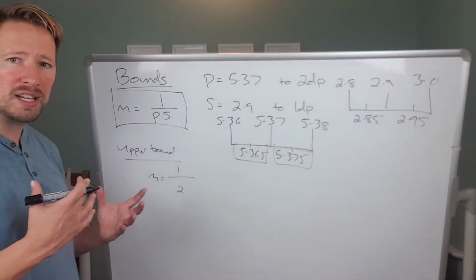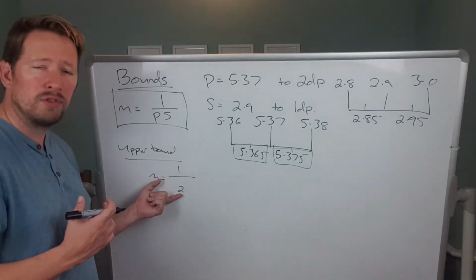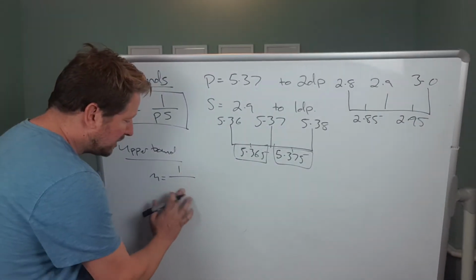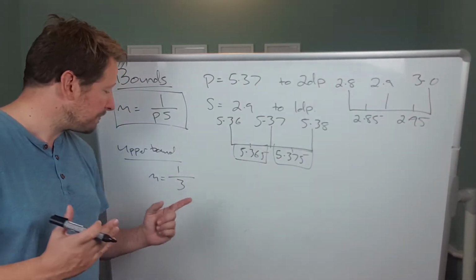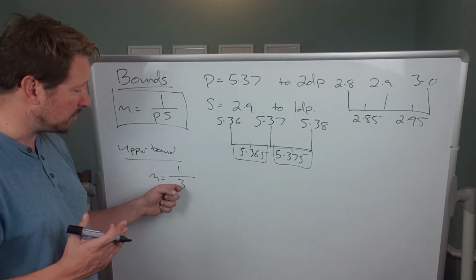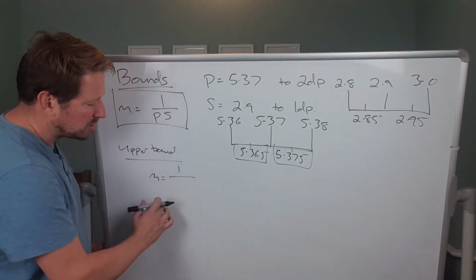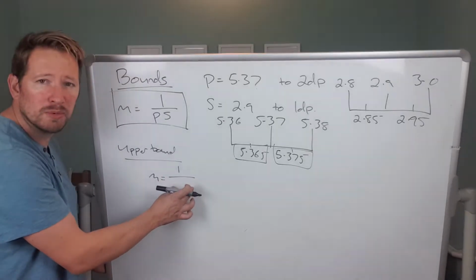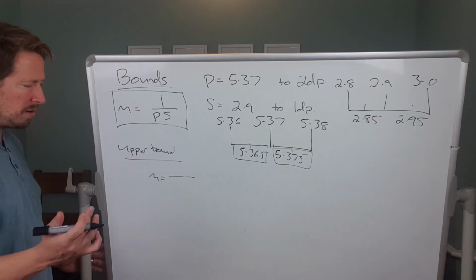Which would give you the highest value? Well, 1 divided by 2 would give you 0.5. If you did 1 divided by 3, obviously if you divide it into 3 chunks, it's going to be smaller. So if ever you've got to find the upper bound in this case, you want to make the bottom thing as small as possible.